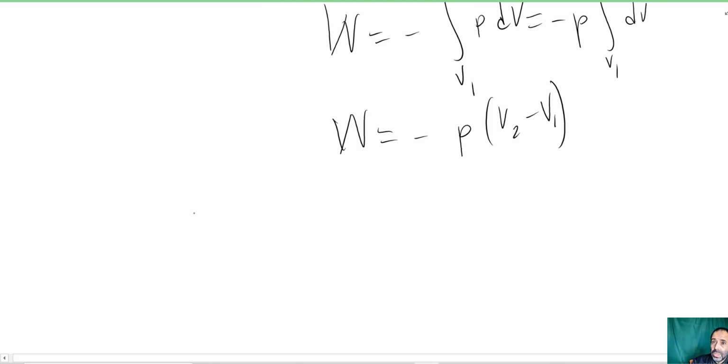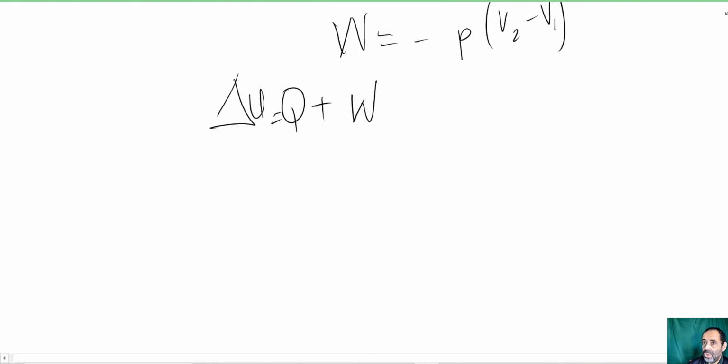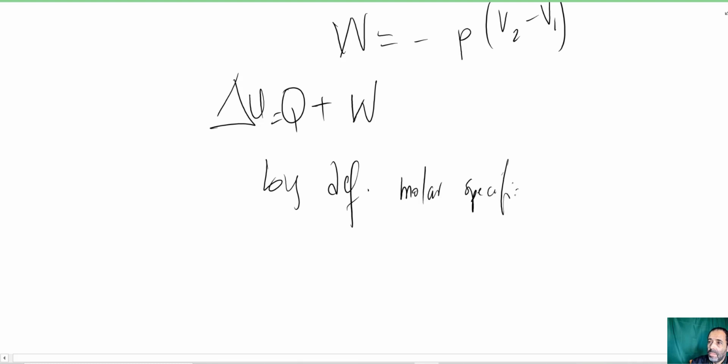But overall, delta U is still Q plus W. So there is a change in the energy in this case due to both. So how much is Q now? By definition again, the molar specific heat at constant, it's no longer volume, but now constant pressure.